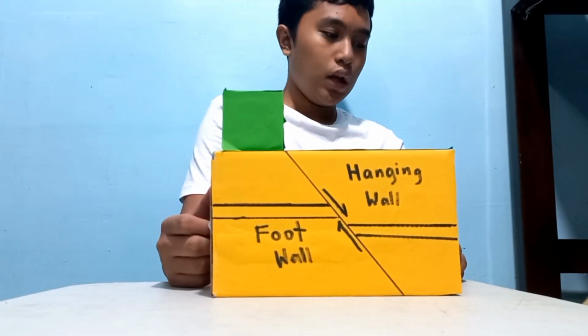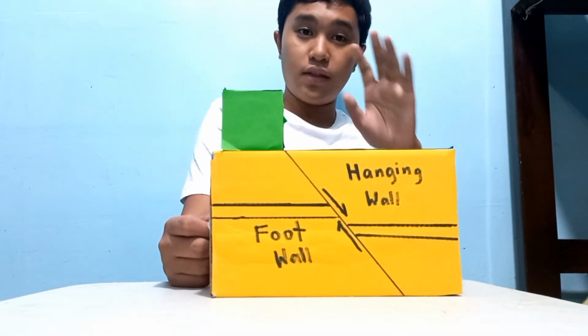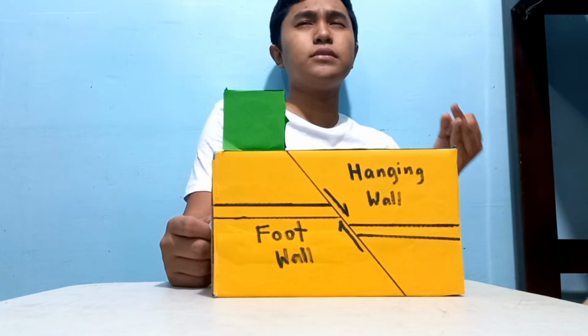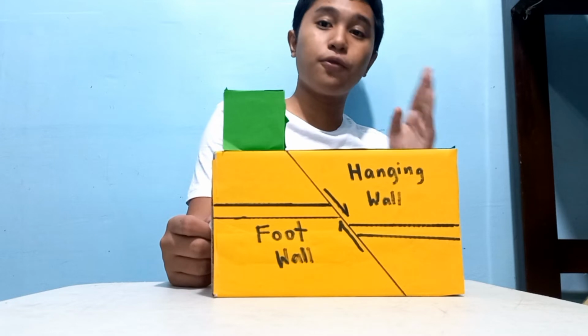But then I will show you the different parts of a fault, and there are four: footwall, hanging wall, fault plane, and fault trace or fault line.